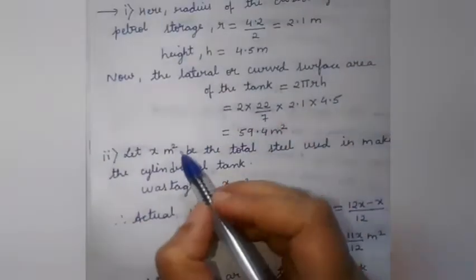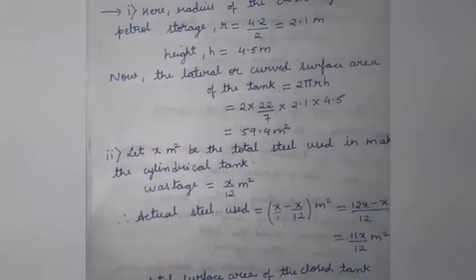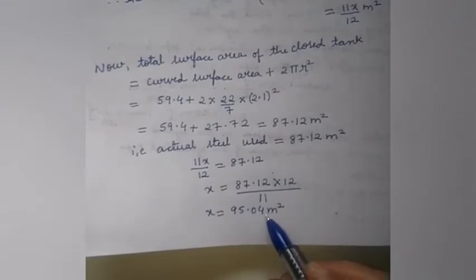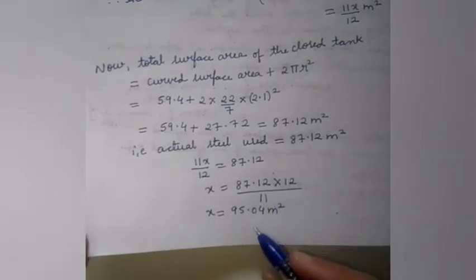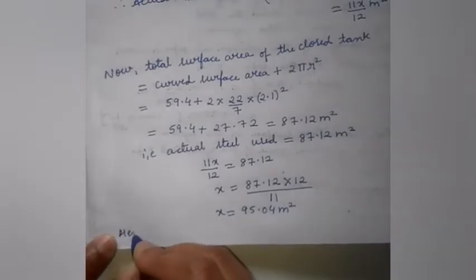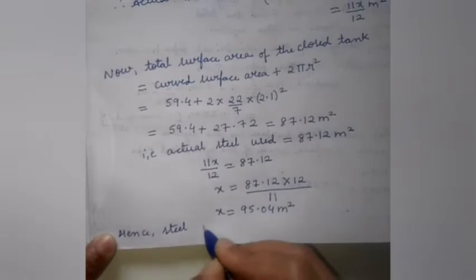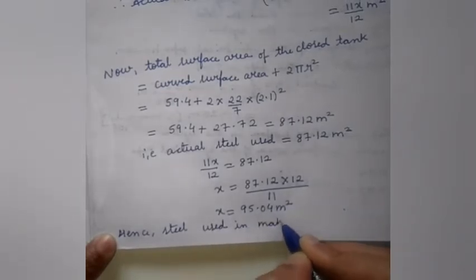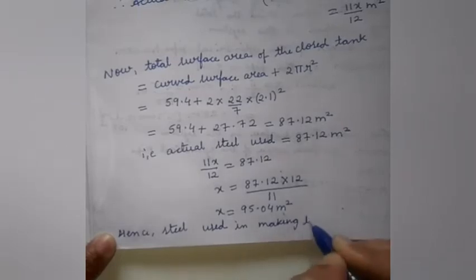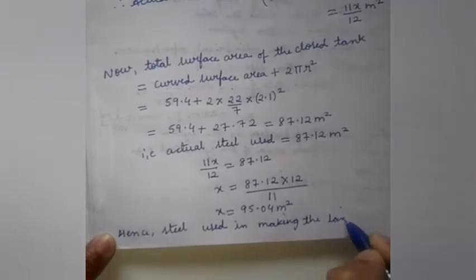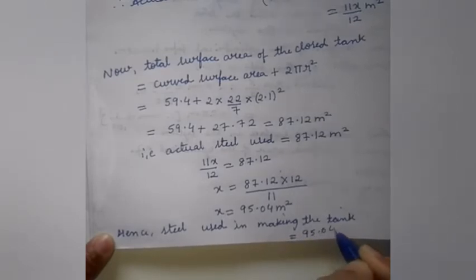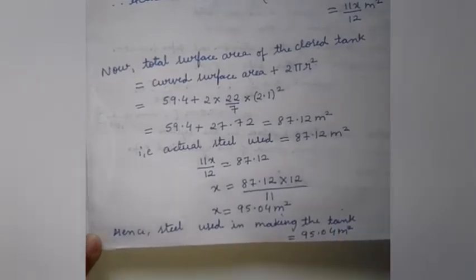That is, x, the total steel used in making the cylindrical tank, is equal to 95.04 meter square. So we can conclude here, hence the steel used in making the tank is equal to 95.04 meter square. That is the answer.